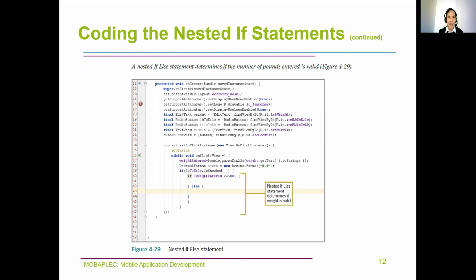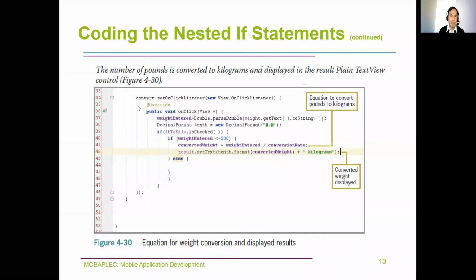The nested if else statement determines if the weight is valid. Otherwise, use else as the false statement, then you could toast the message. That's how it works.